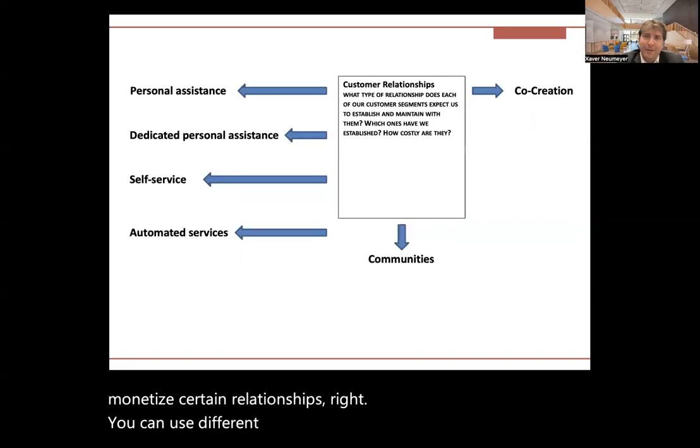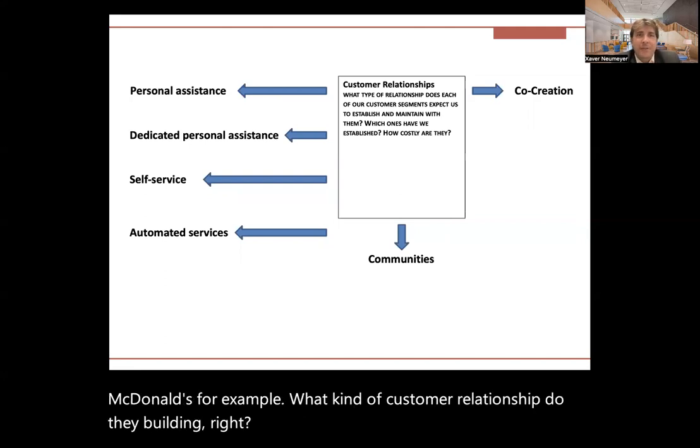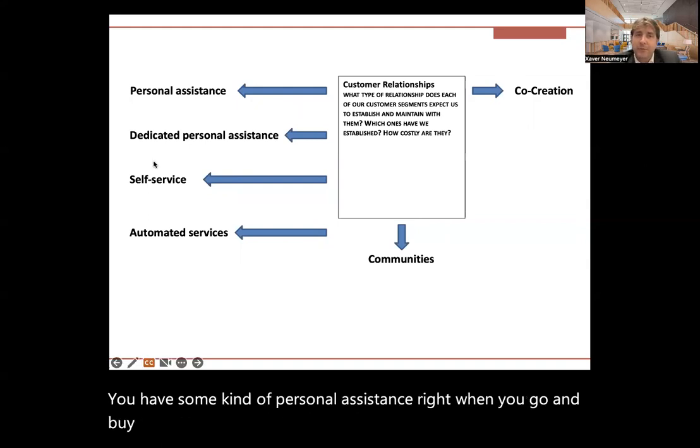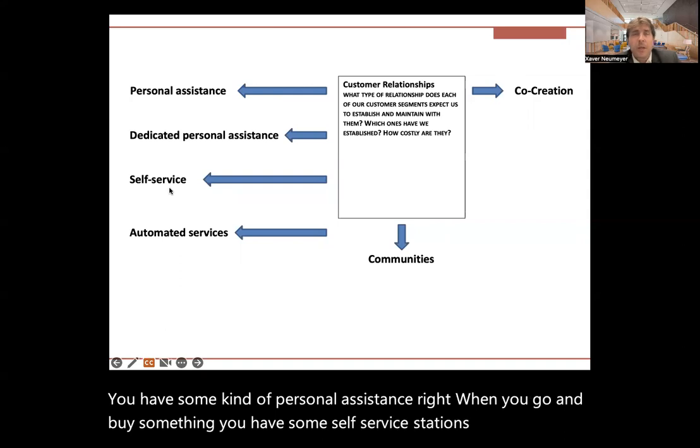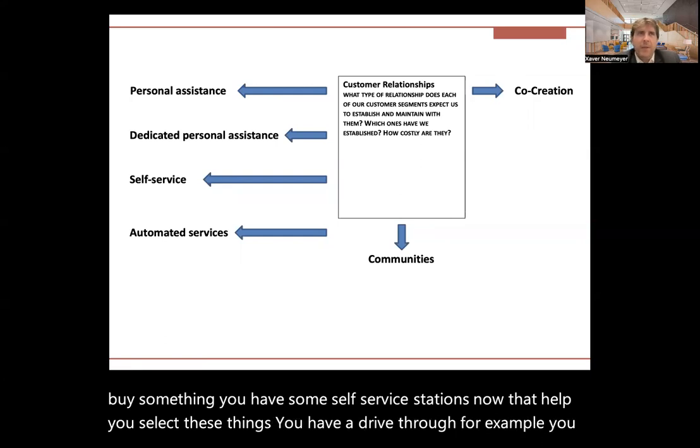Let's take McDonald's, for example. What kind of customer relationships are they building? You have some kind of personal assistance. When you go and buy something, you have self-service stations now that help you select these things. You have a drive-through, for example. You have all kinds of PR.